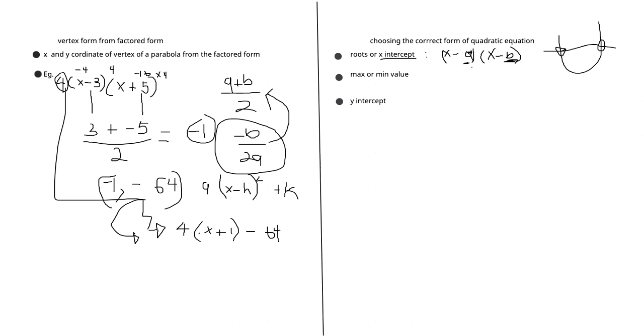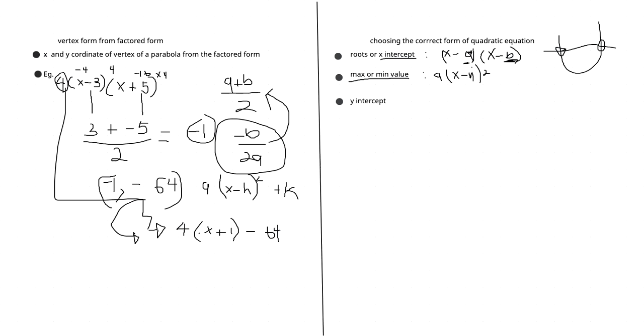Now, the next thing is, from which form is it best to identify your minimum or maximum value? And this is from your vertex form. So your vertex form easily gives out your minimum or maximum value. Your vertex form is a multiplied by x minus h all squared plus k.